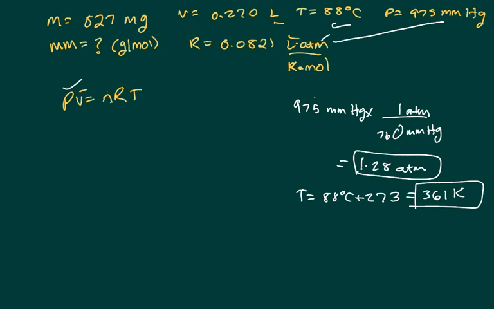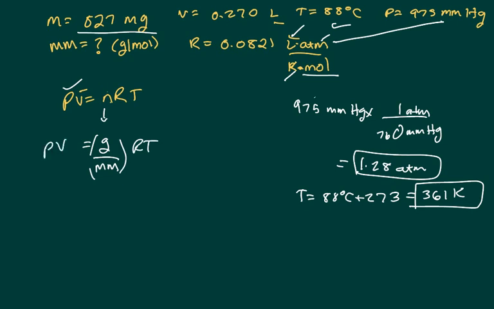So we have ATM, we have Kelvin, and we have liters, and the moles that we're going to use is to figure out the molar mass, correct? Because we start out with grams, and remember, n, we're going to just sub in for that. n is your number of grams over your molar mass.